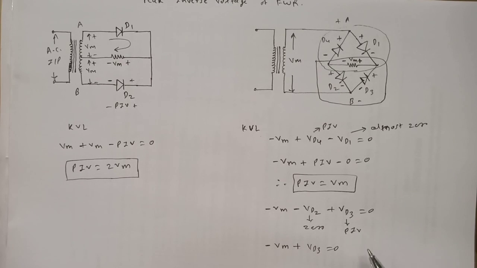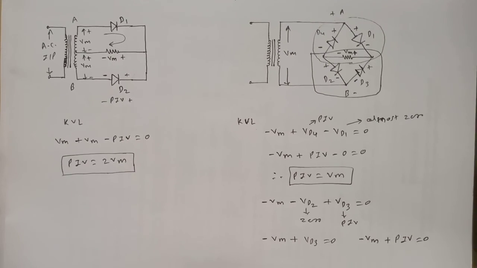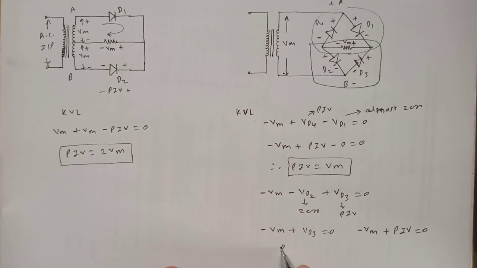Ultimately this VD3 is nothing but the PIV. So if I write the equation in terms of PIV, I get minus Vm plus PIV is equal to 0. Ultimately you can see the peak inverse voltage across diode D3 is equal to Vm.